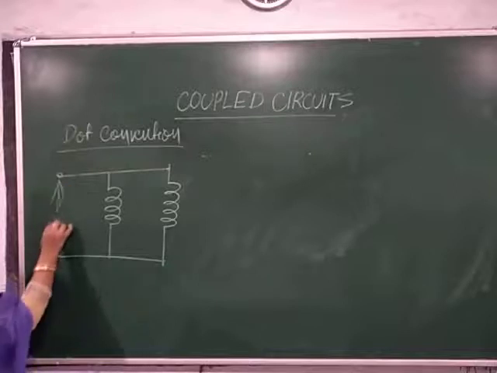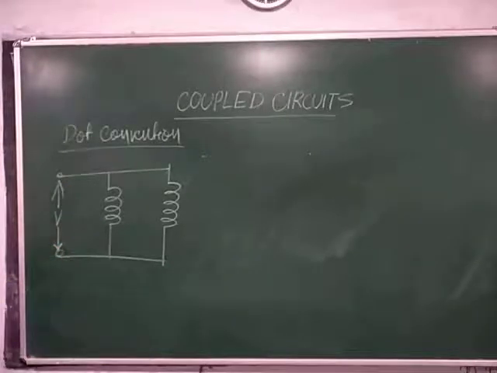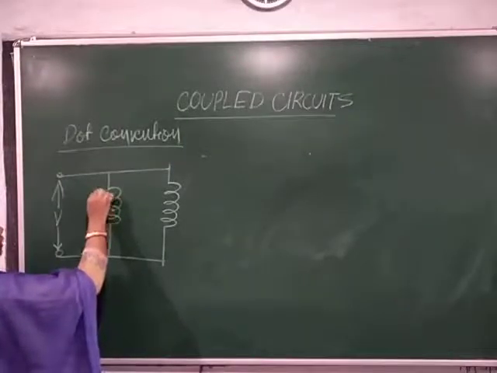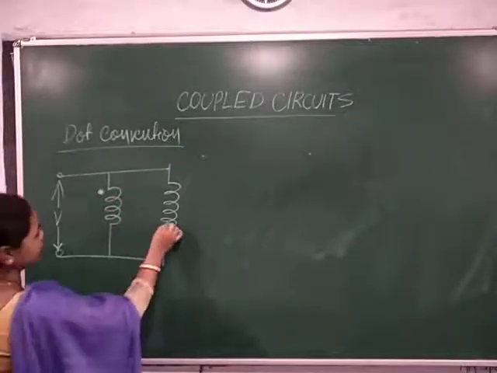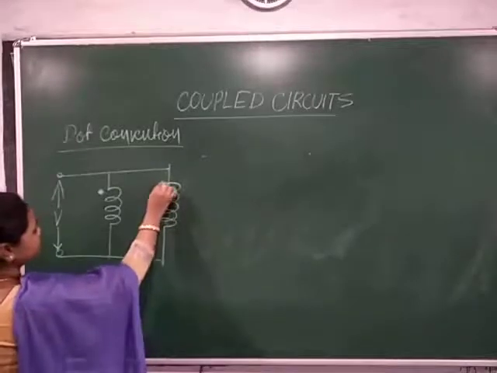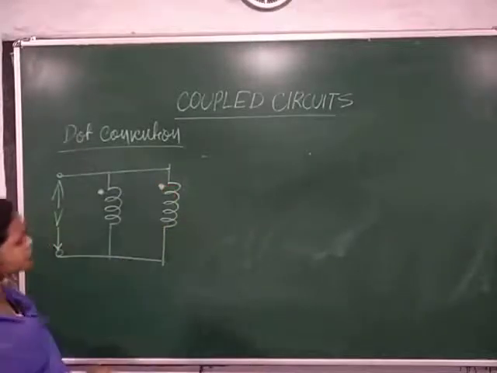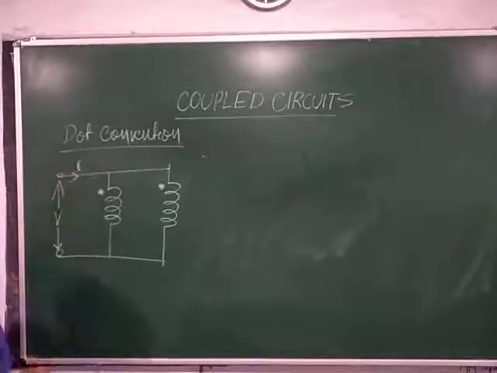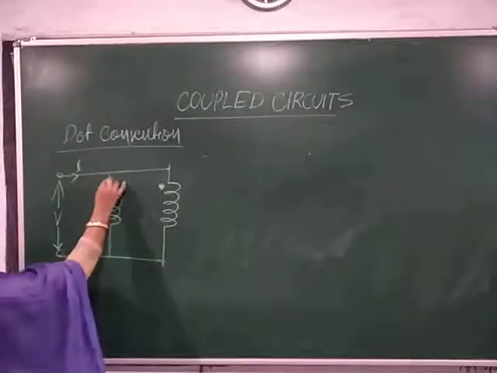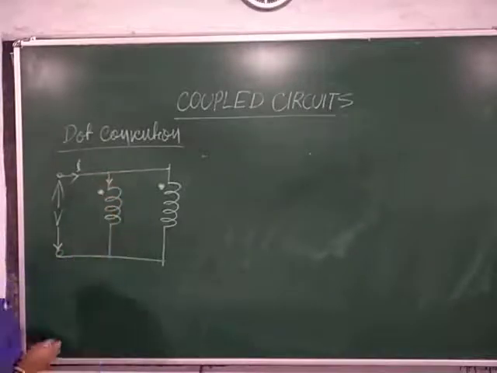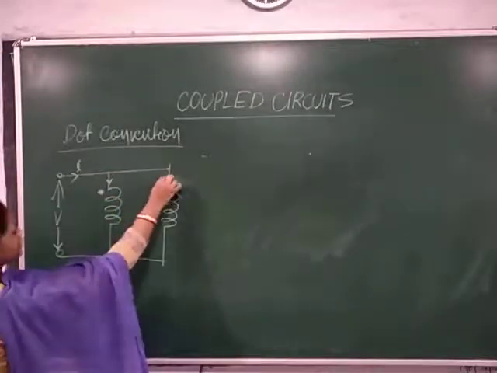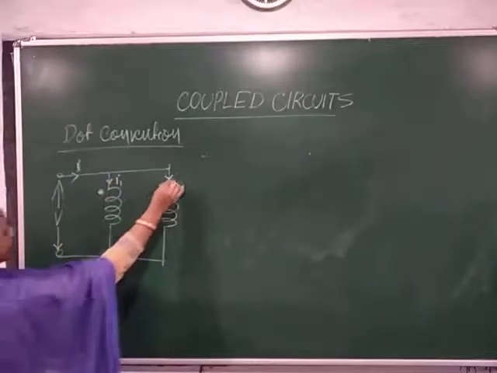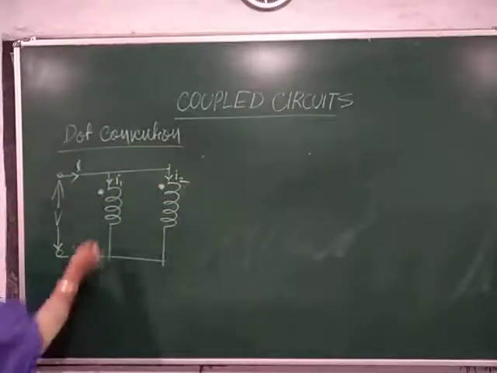The total voltage is here. Let me place the dot here, and here also at the starting of the coil. The total current flowing through the circuit is I. Here it is divided. Let the part of I flowing here be I1, and here I2.